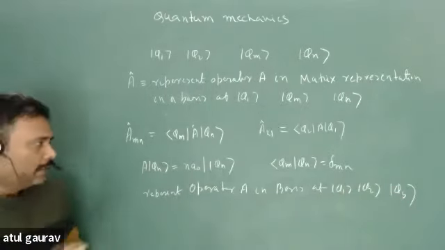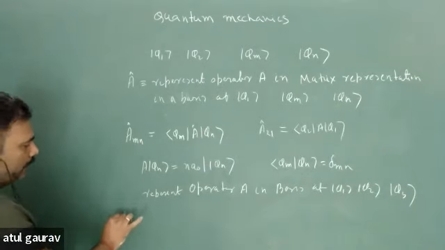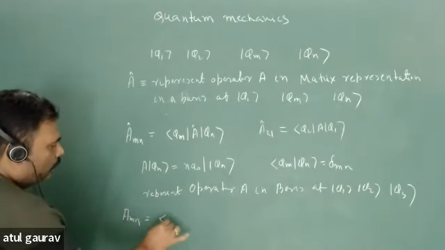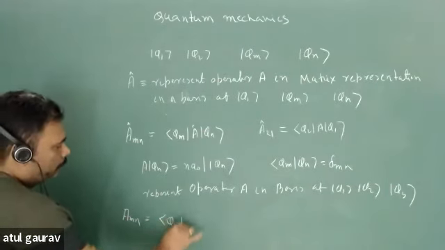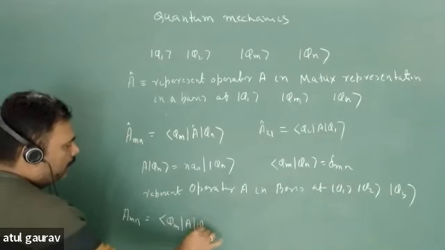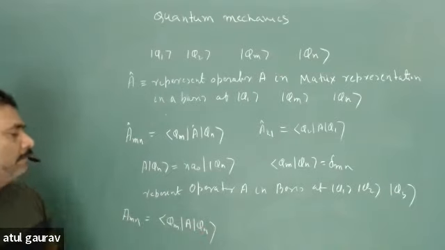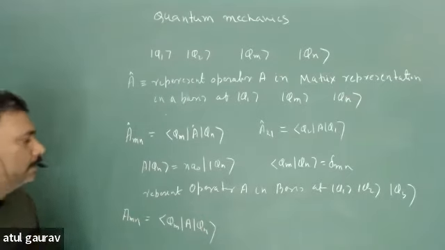Yes. So we have to calculate A_mn. इसका वैल्यू कैसे लिखें? Phi_m A phi_n. यही होगा ना? Now A will operate on phi_n. What will you get? n a naught phi_n. Very good.